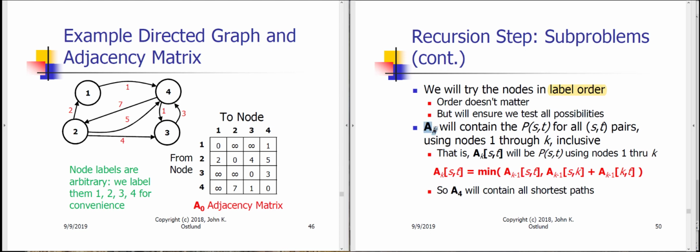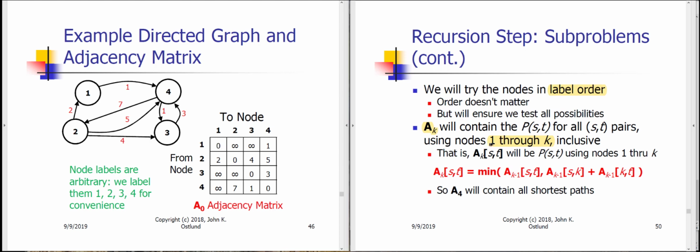A sub k is going to be a matrix containing the shortest possible paths from each source to each target, where we're allowing nodes 1 through k as potential intermediate nodes. Here's A sub 0, where we're allowing 0 intermediate nodes. A sub 1 is going to be our shortest path matrix where we allow 1 as the only possible intermediate node.